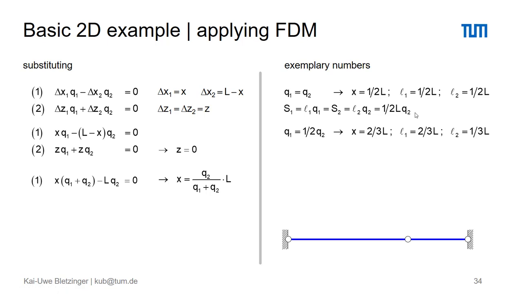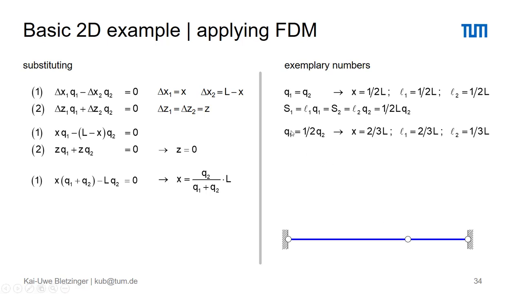Let's now take for Q1 the half of Q2, and if we substitute that into this equation, we directly receive a solution which is x 2/3 of the overall distance with the two individual lengths as displayed. See, with a larger Q2, larger than Q1, the member 2 pulls more, in terms of the force density, and it moves to the right.